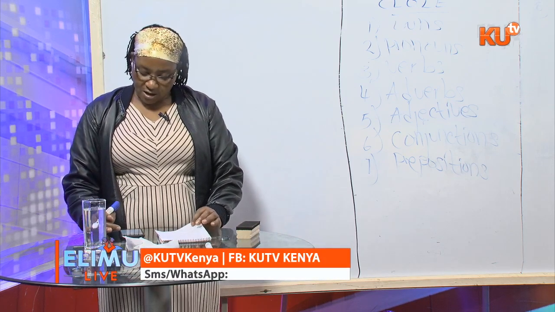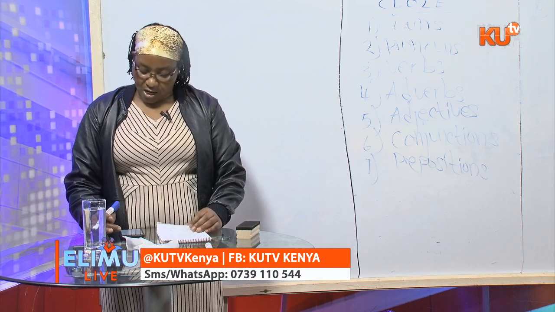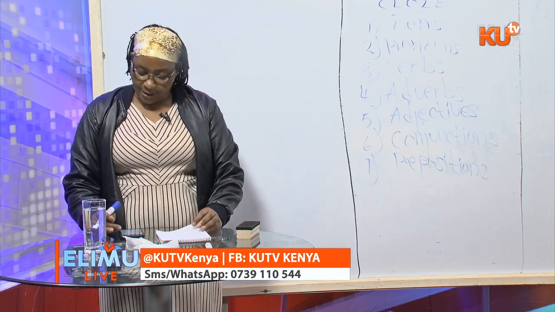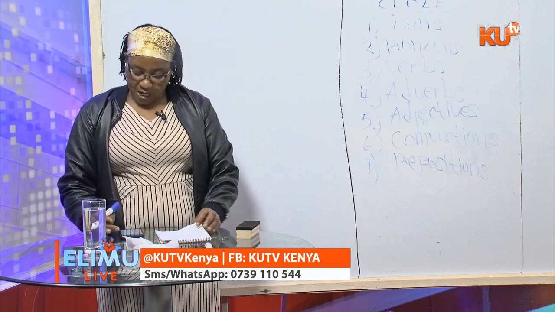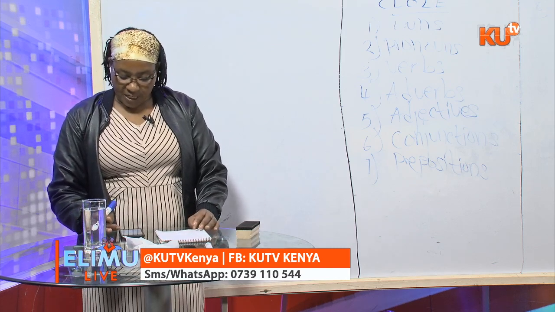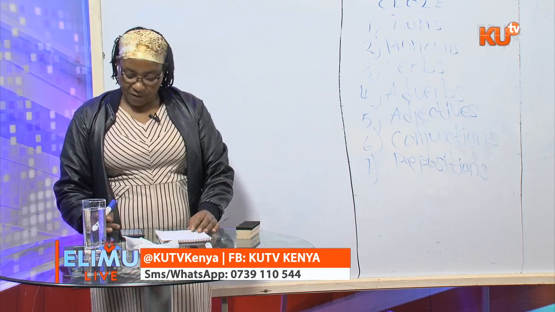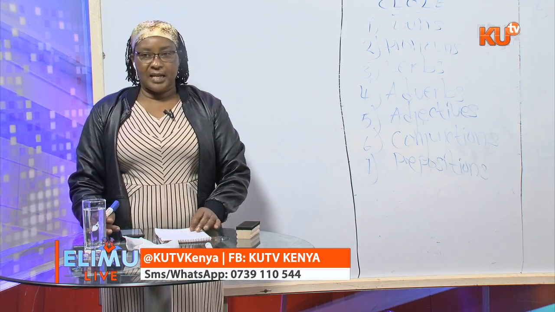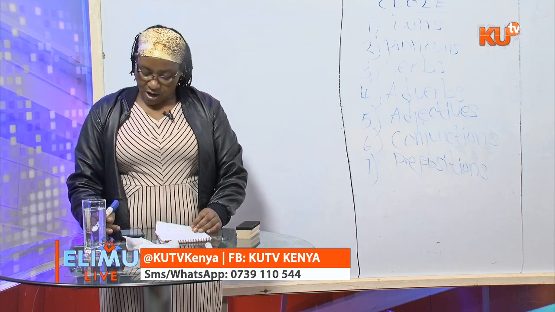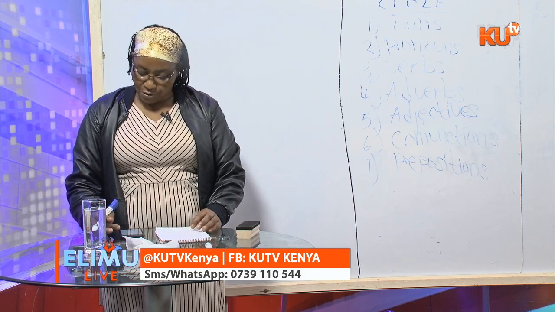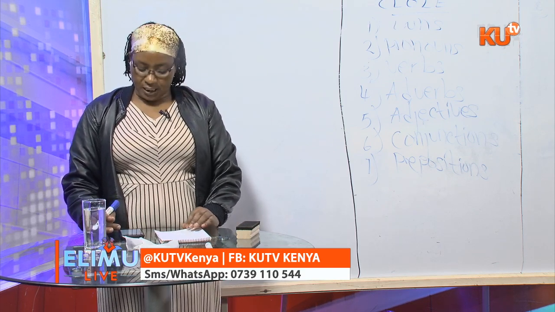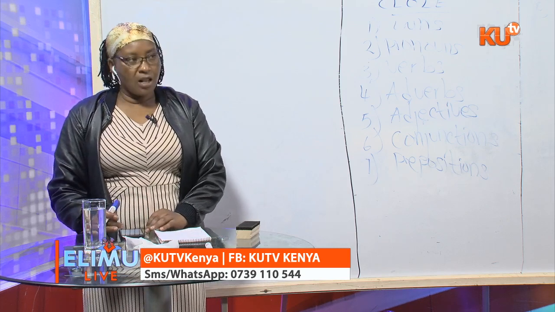Number 7, the weather. Number 8, school. Number 9, time. Topic number 10, months of the year. Number 11, clothes. Number 12, farm animals and tools in the home. Number 13, travel.